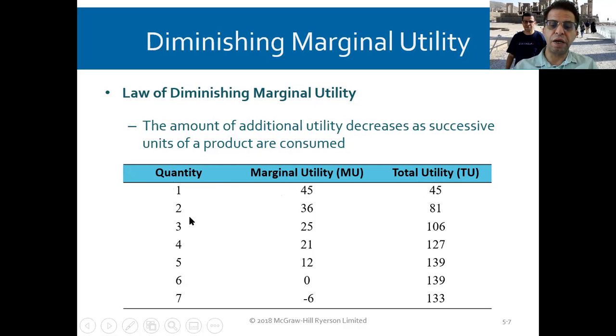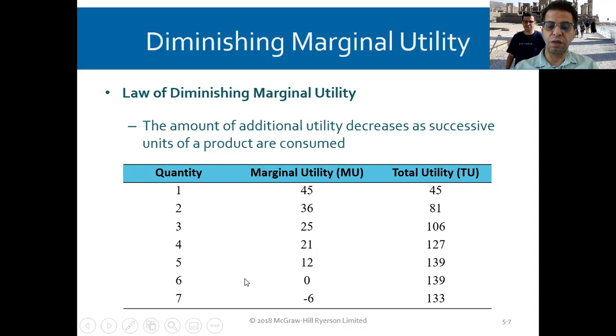The second one you take in may give you 36 utility. Now you add this, 45 plus 36 is 81. The third one is going to give you 25 standalone, because you already used the first and the second. So the extra utility here, 25 plus 81, is 106. And things go on like this.